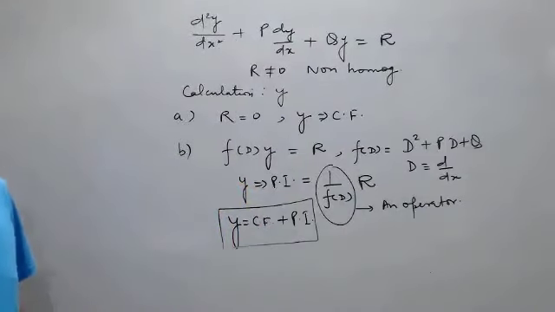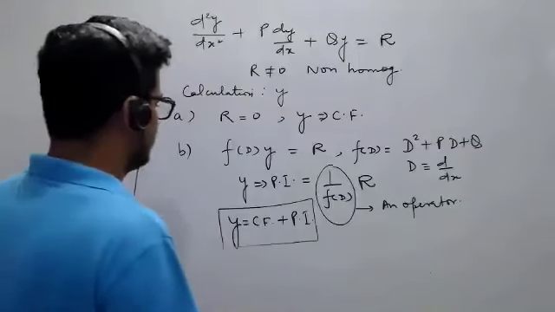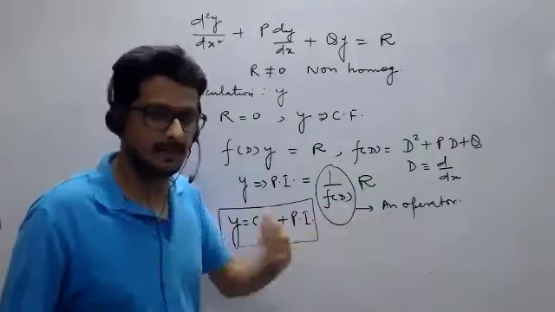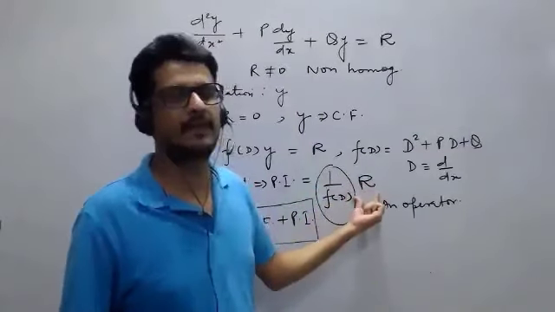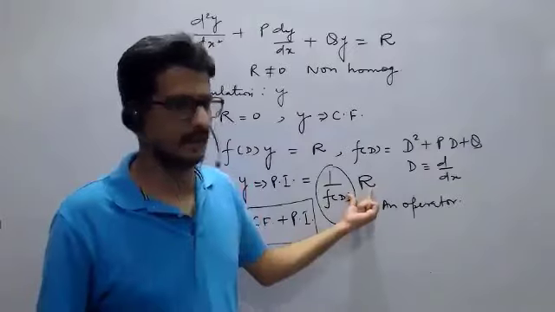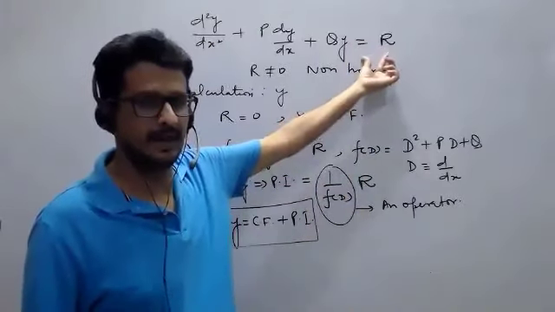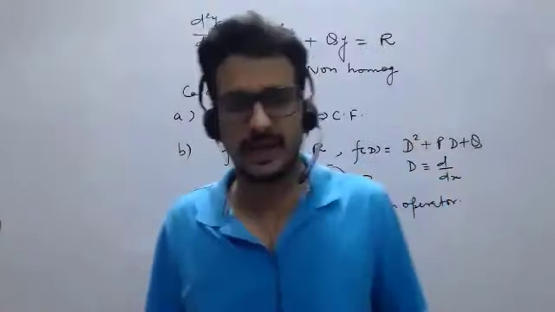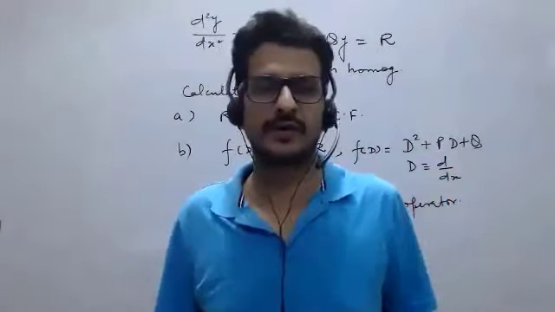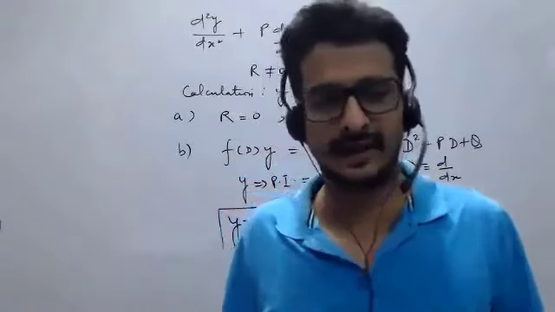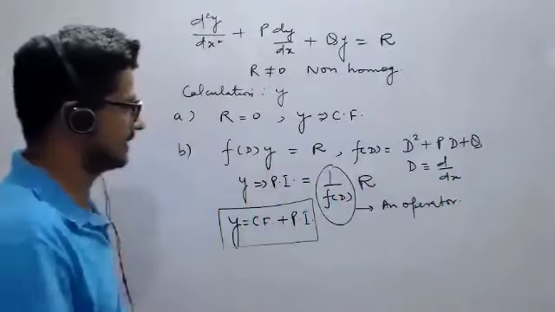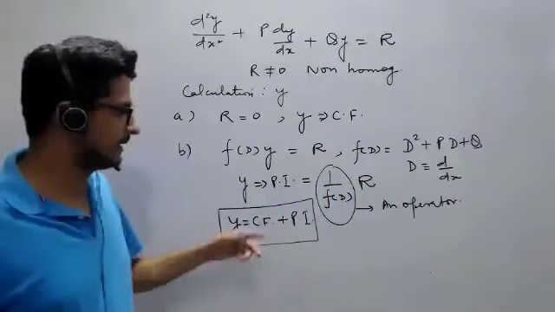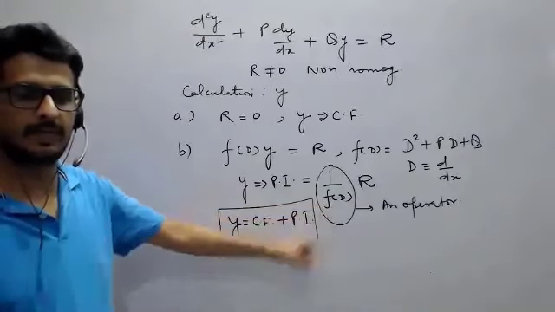Let me tell you that the method of calculation of this 1 upon fd into r depends on the type of r we have, because the right side is capital R. It may be an exponential function, sine function, cosine function, algebraic function, multiplication of two functions, etc. So we will see how to manage it.